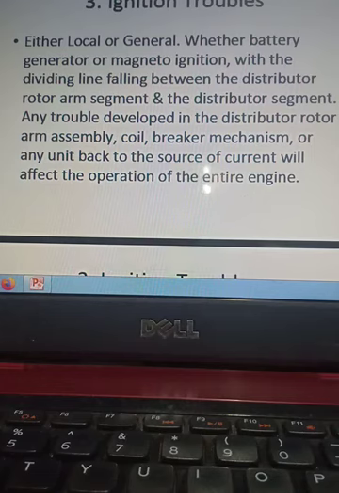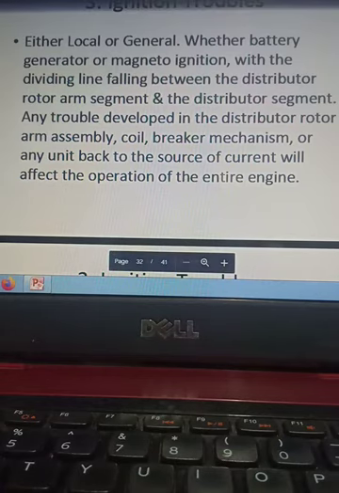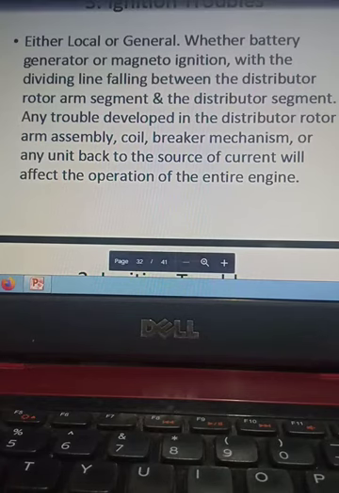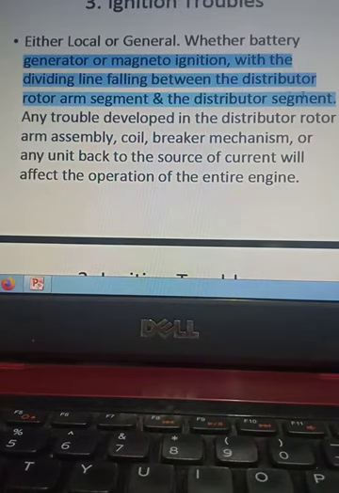For the general, when ignition trouble is classified as general, whether battery, generator, or magneto ignition, with a dividing line falling between the distributor rotor arm segment and the distributor segment, because this portion is a section. It is like a compact single section.